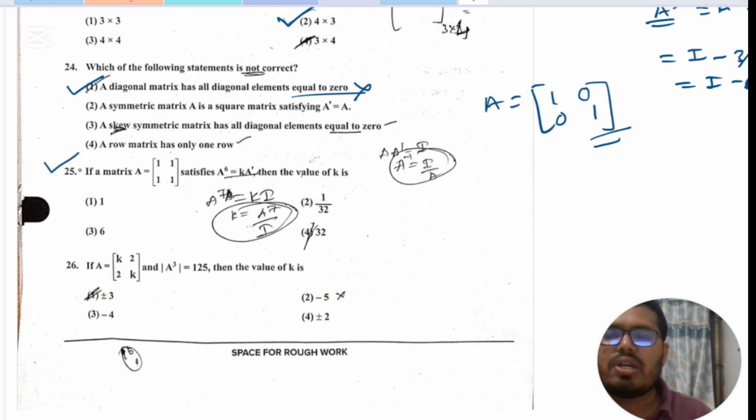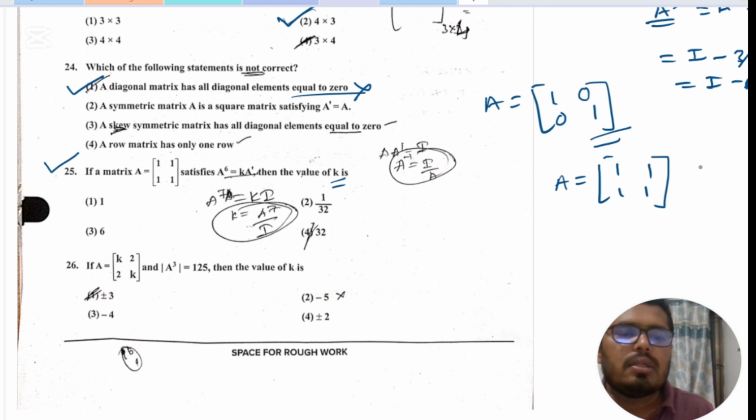Next is question number 25: if a matrix A is [1 1; 1 1] satisfying A raised to 6 equal to kA, then the value of k is? A is given as the constant matrix with all elements 1, then A raised to 6 is equal to kA. First of all, you can square it.